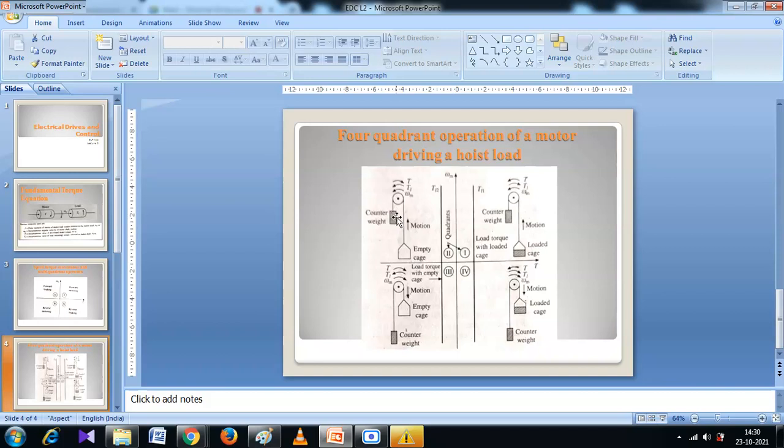So the counterweight level is low and the empty cage is at the high level. But the situation is that the counterweight is at the high level and the empty cage is at the low level.